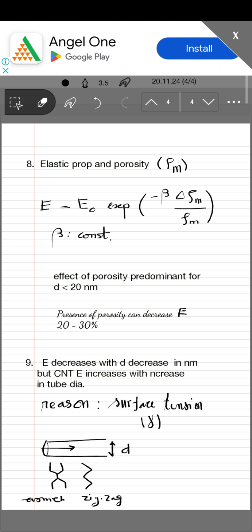Decreasing the diameter of the tube, which is defined by either a zigzag or an armchair nanotube, the elastic modulus has been found to increase. This is mainly due to the surface tension which exists in the carbon nanotube. It gives an extremely high strength. So the lower the diameter, the higher the elastic modulus in the case of carbon nanotubes.